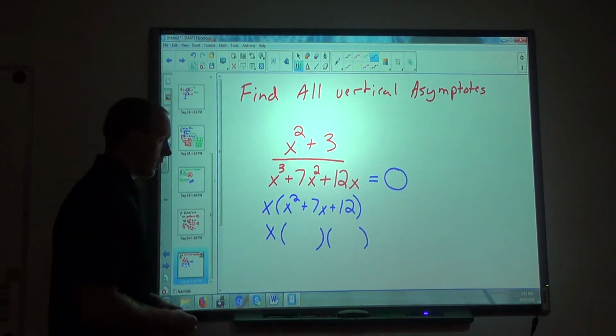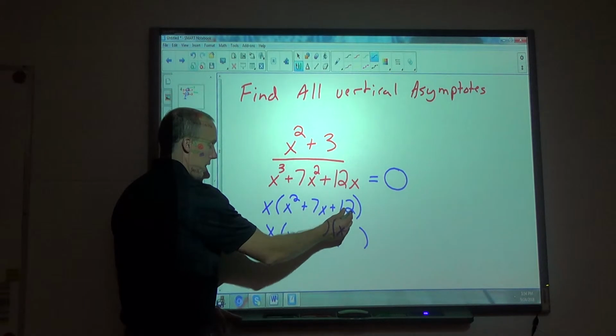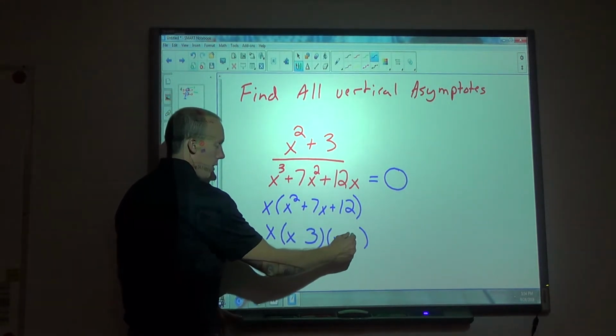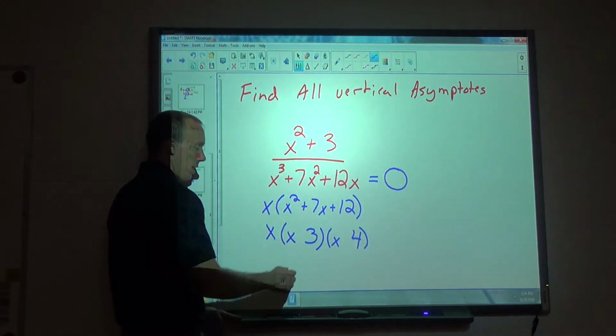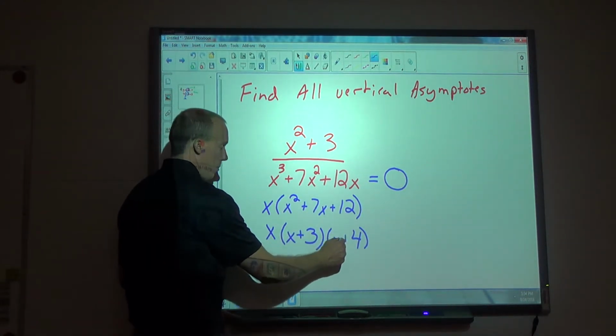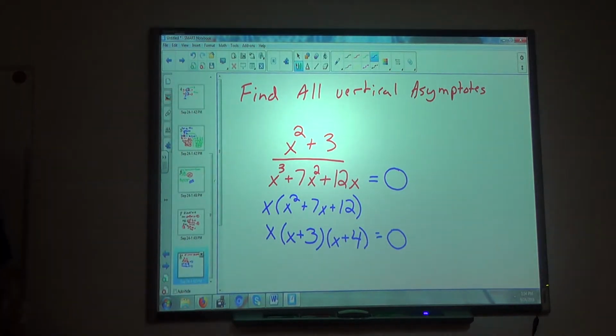Does that break down further? X times x gives me x squared. What times what gives me 12? 3 times 4. How do you get a positive 7 out of that? Both are positive. So if you factored that, that's what we would factor into.